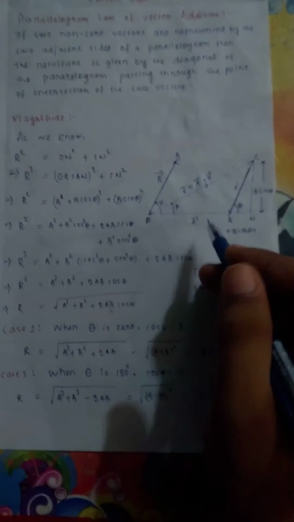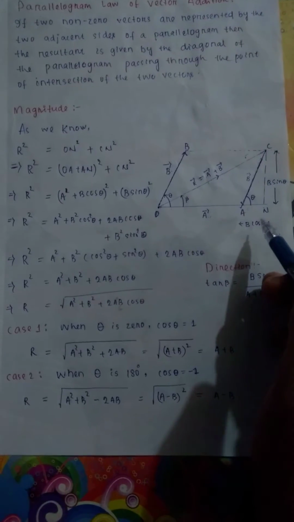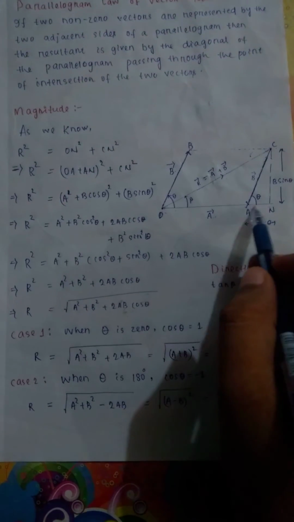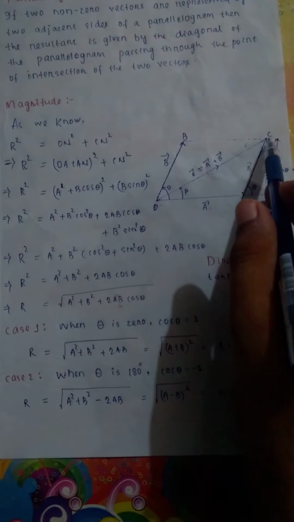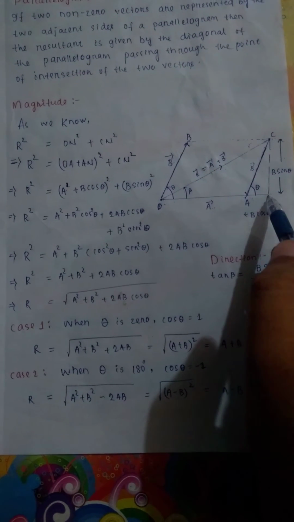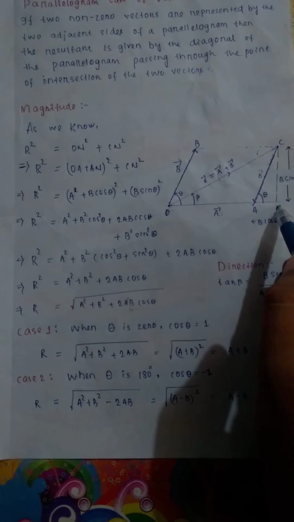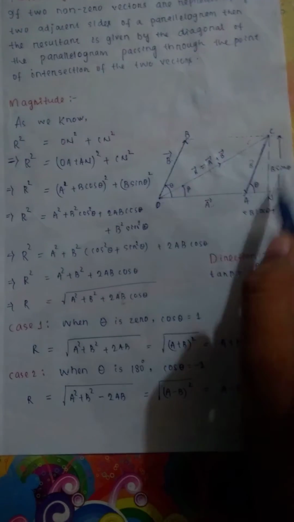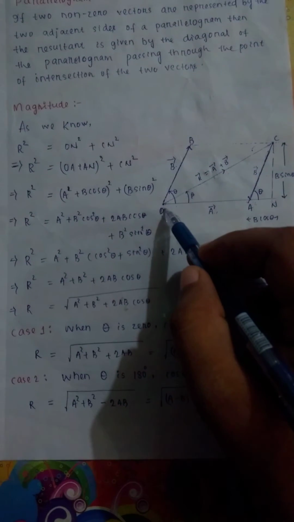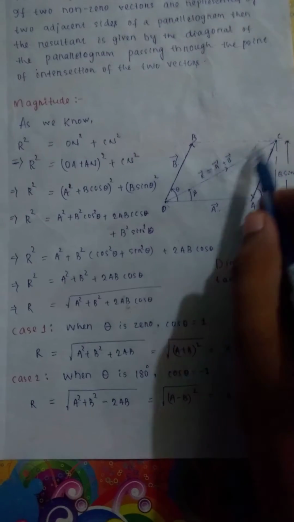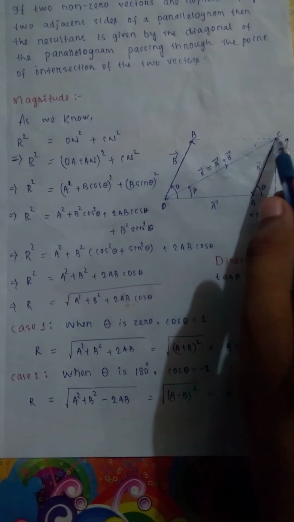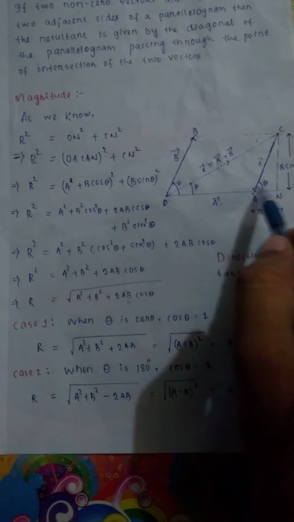For finding out the resultant, let us extend OA till N and draw a perpendicular from C onto AN. In this triangle ONC, this is the hypotenuse, this is the perpendicular, and this is the base.